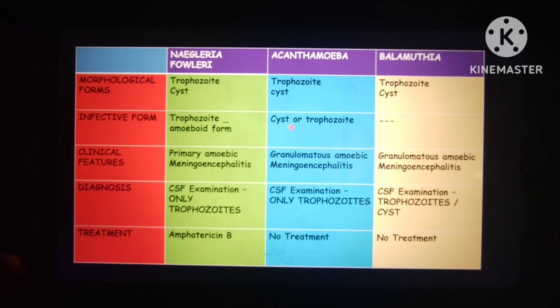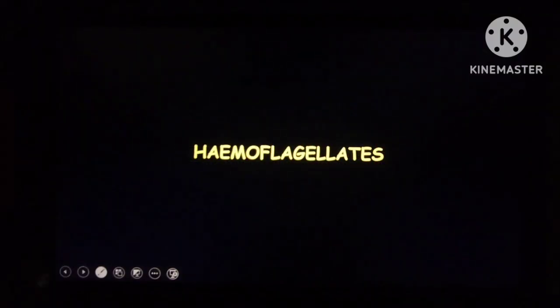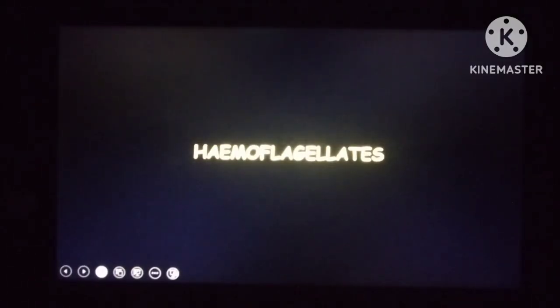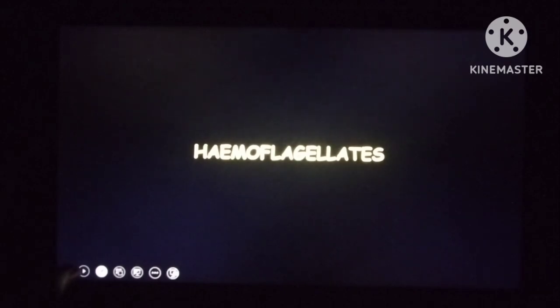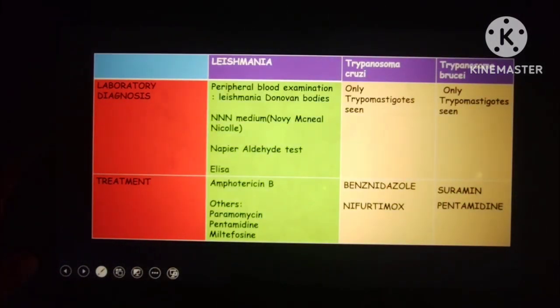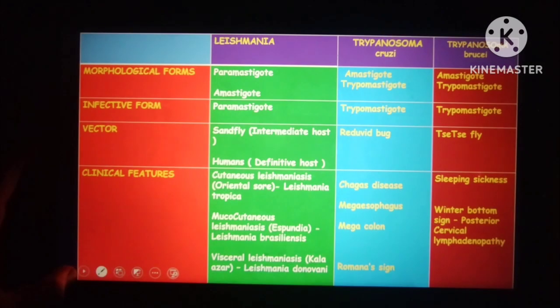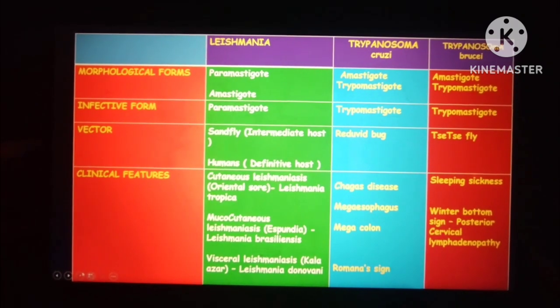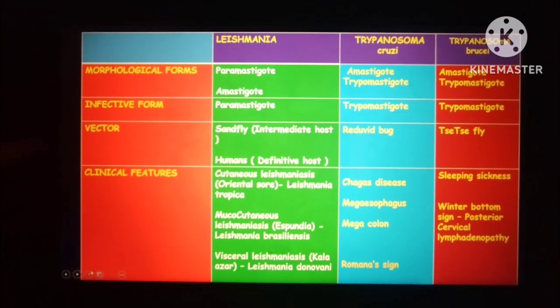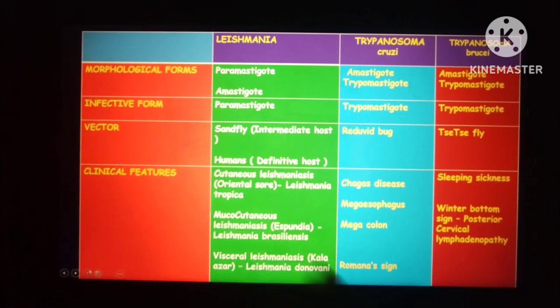Friends, I think we have completed the free living amoeba, the intestinal flagellates and the genital flagellates. Next is hemoflagellates. In hemoflagellates we'll be dealing with Leishmania and Trypanosoma.